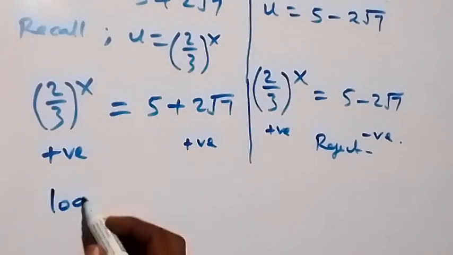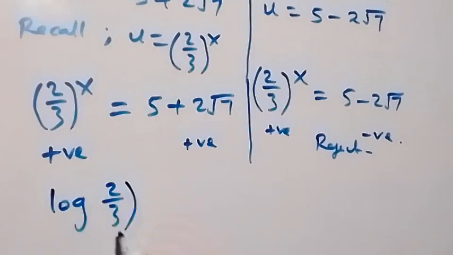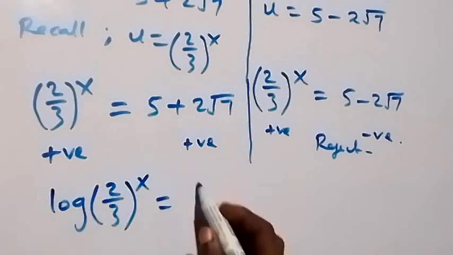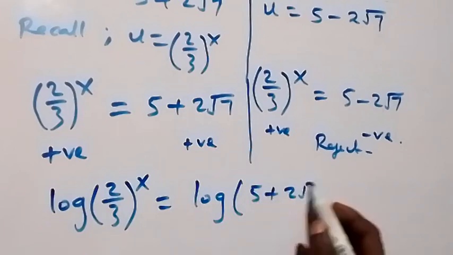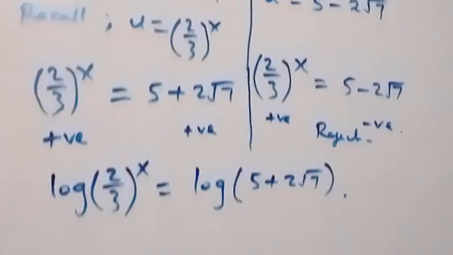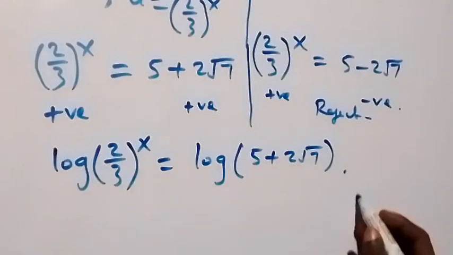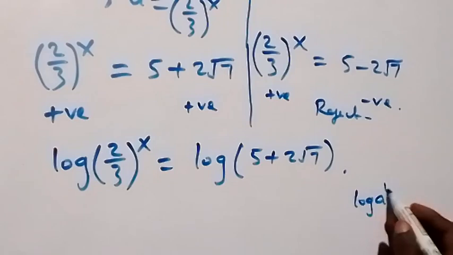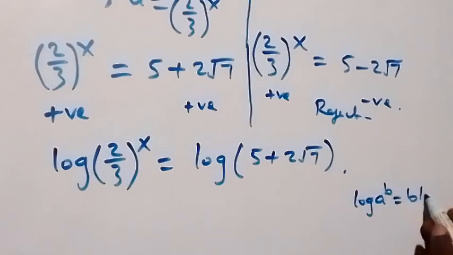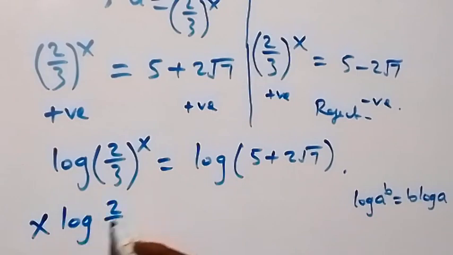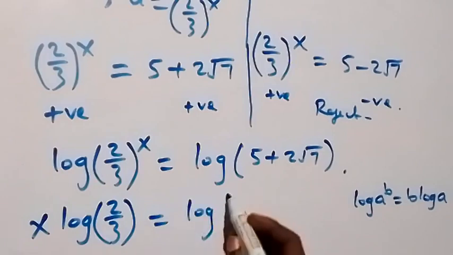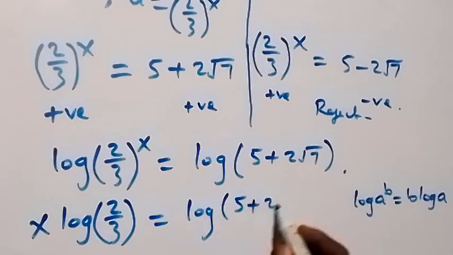We have log of 2 over 3 raised to power x equals, here we have log into brackets 5 plus 2 root 7 from here. Then here, when we have log a raised to power b, it is the same thing as b log a. And here, this becomes x log 2 over 3, then equals log into brackets 5 plus 2 root 7.